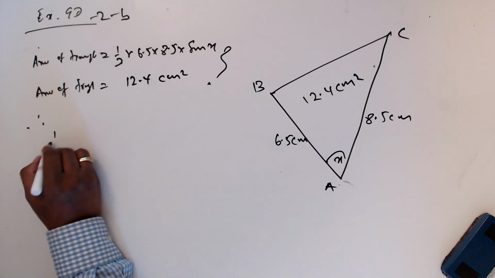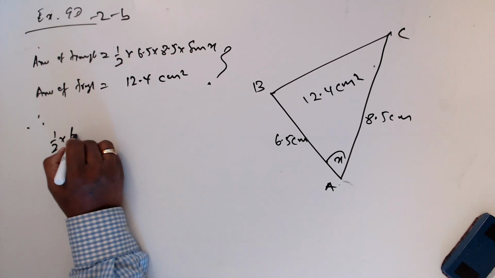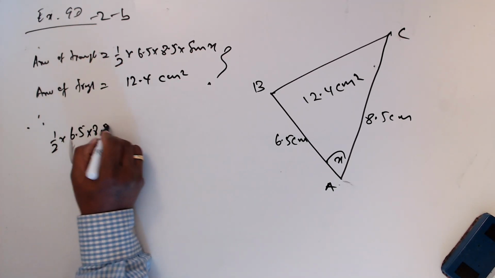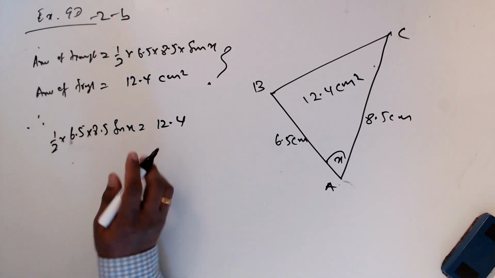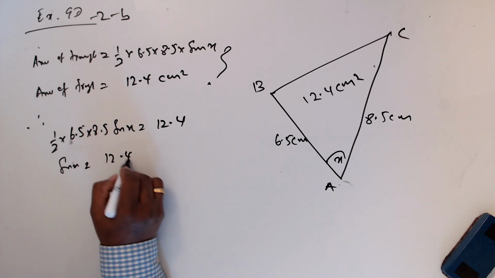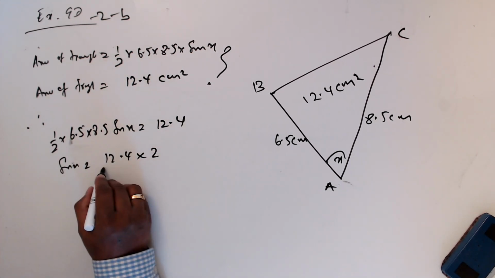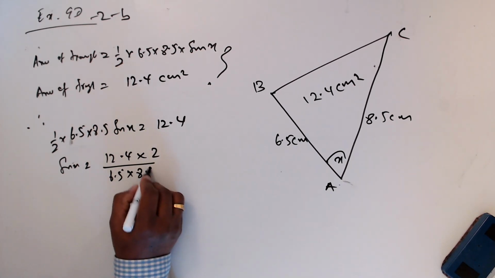Hence, half a times 6.5 times 8.5 sine x equals 12.4. Then sine x equals 12.4 times 2, cross multiply, divide by 6.5 times 8.5.